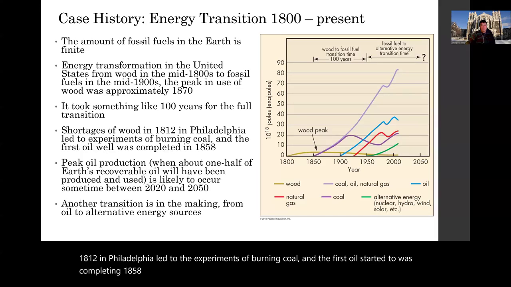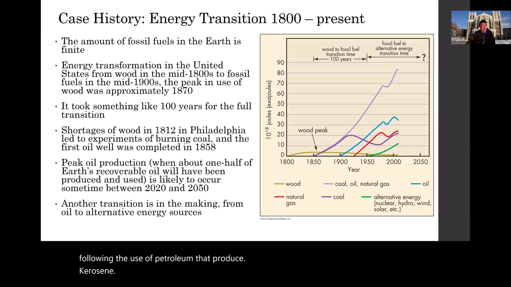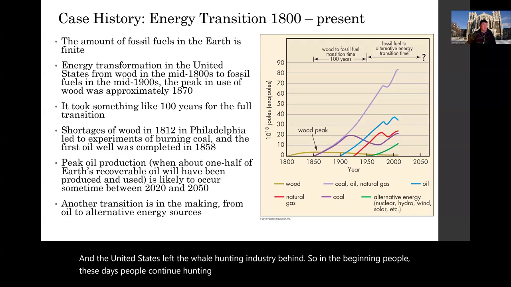Before that time, the primary source of oil was actually whale oil, and following the use of petroleum, which produced kerosene, the United States left the whale hunting industry behind. In the beginning, people continued hunting whales, and one of the big reasons is that whale oil can be used as an energy resource.